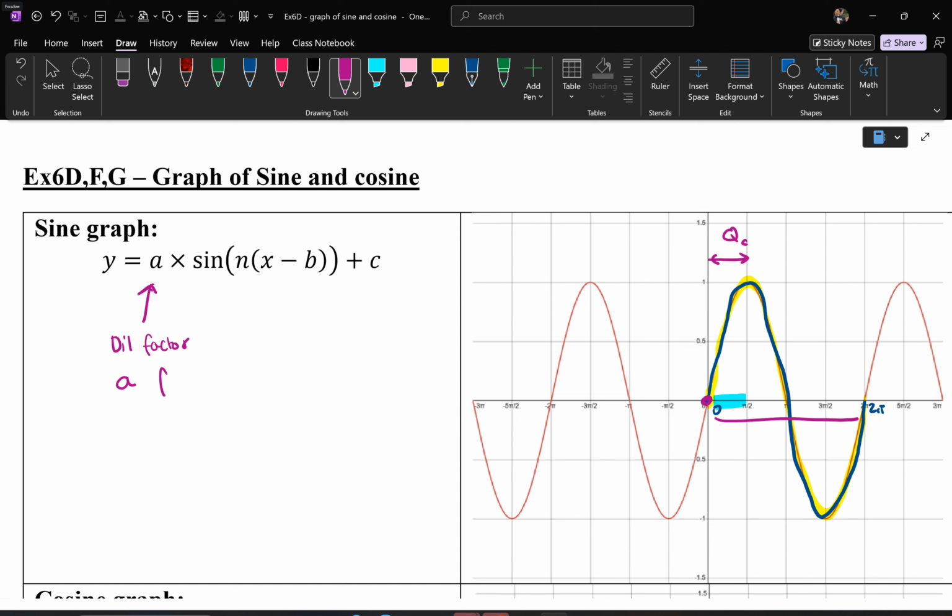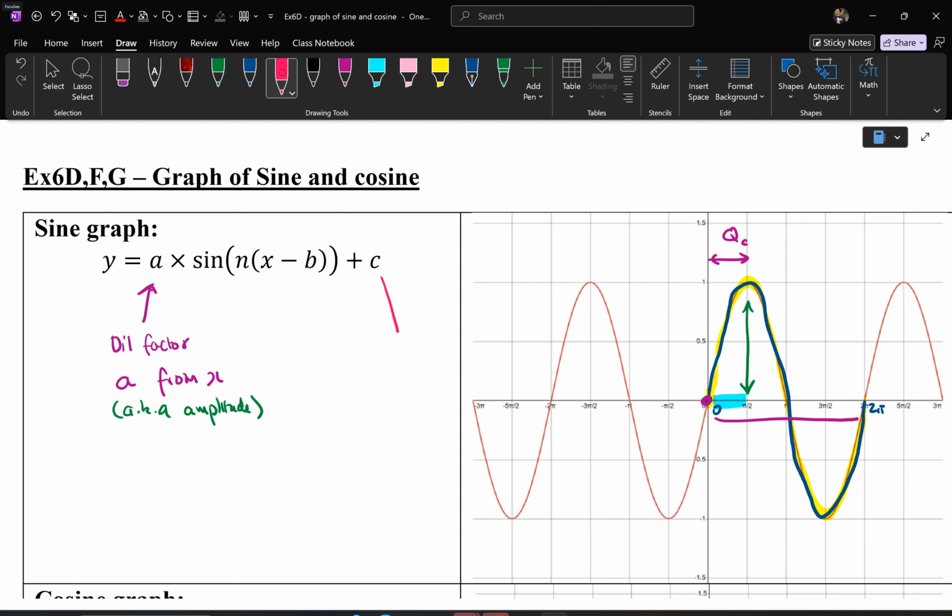Dilation factor A from which axis though? The x-axis, because it affects your y values. Very good. So that is a vertical stretch. So think of A, that's why it's called your amplitude, because it stretches your graph vertically. Okay, so that's your amplitude, aka amplitude. But really it's just the vertical stretch.